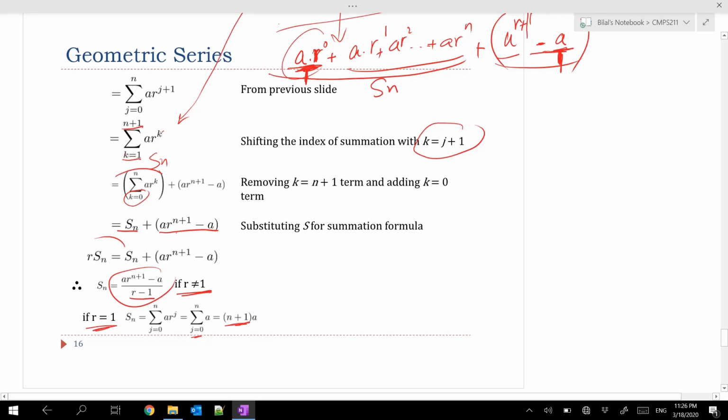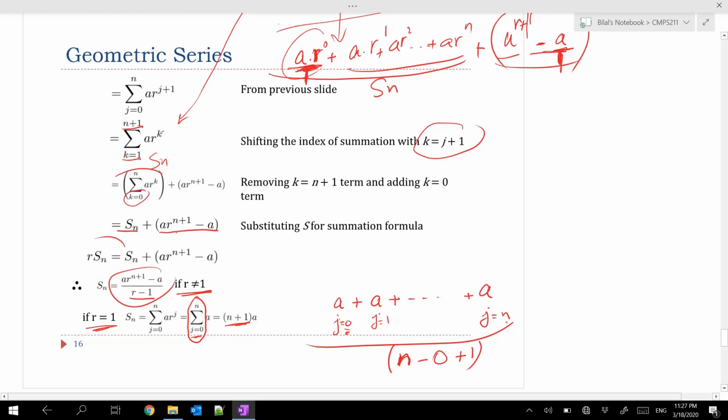So please don't forget when you go from 0 to n included, you are summing up a with itself n plus 1 times, because you're adding a for j equal to 0, for j equal to 1, and so on for j equal to n. The number of steps here is equal to the last term, which is n, minus the first term, which is 0, plus 1.